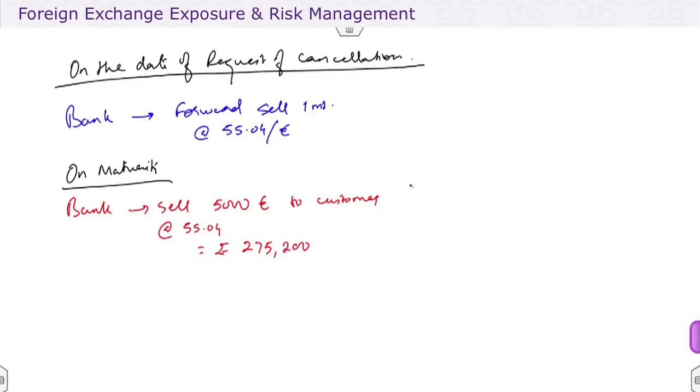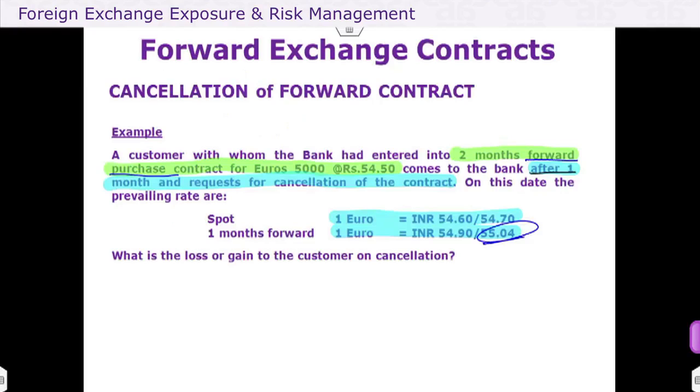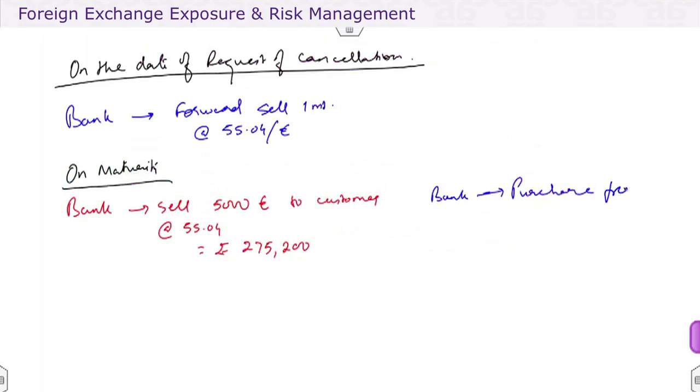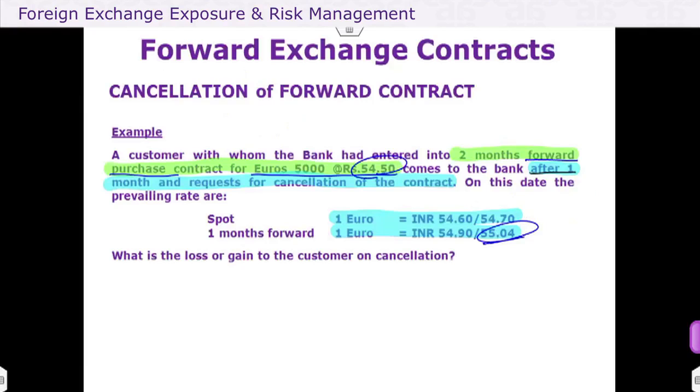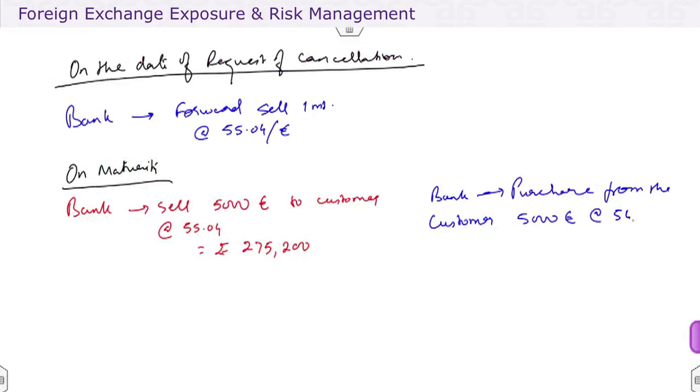it would purchase because it has entered into a forward contract. So the bank would purchase as per the agreed contract, would purchase from the customer 5,000 euros at the rate that it has entered, 54.50.